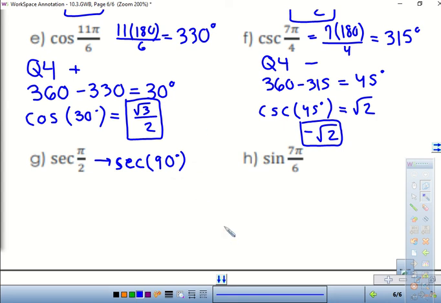Now secant corresponds with what trig function? Cosine. What is cosine of 90? Anyone know? Cosine is the x-coordinate at 90. 0. What's the reciprocal of 0? Can you have 0 in the denominator? No. This is undefined.